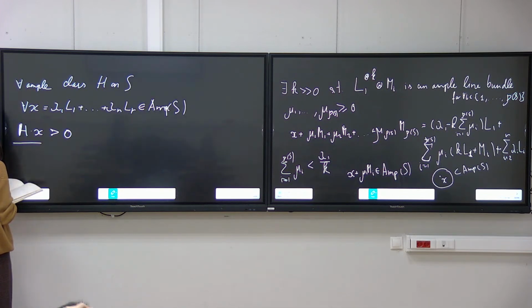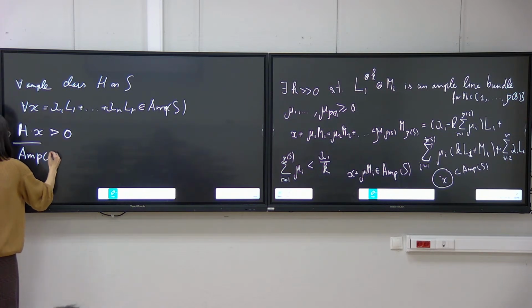The last thing that we need to prove is about this intersection.